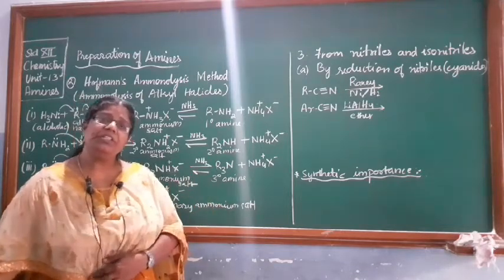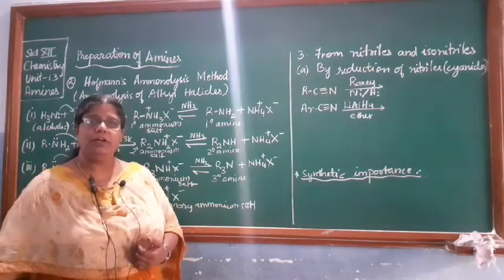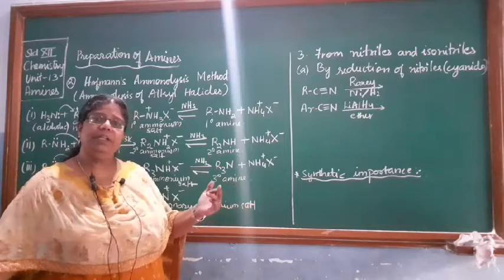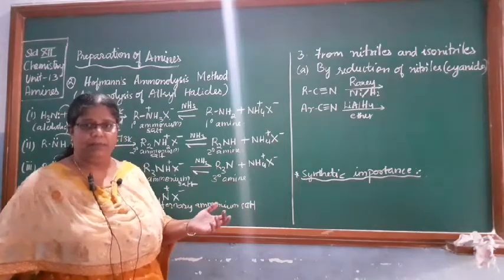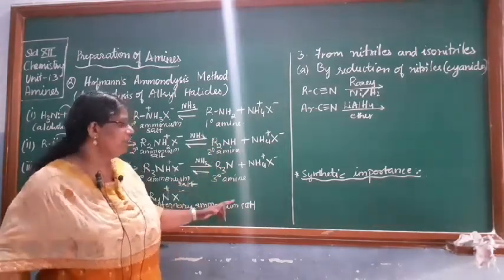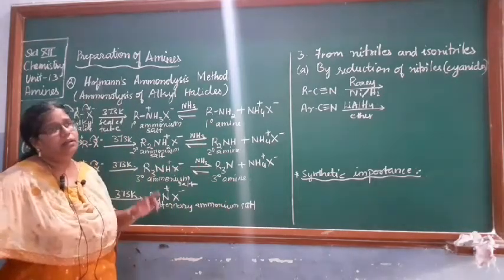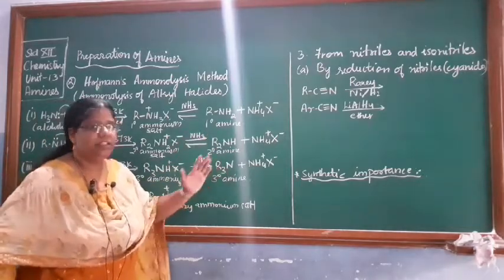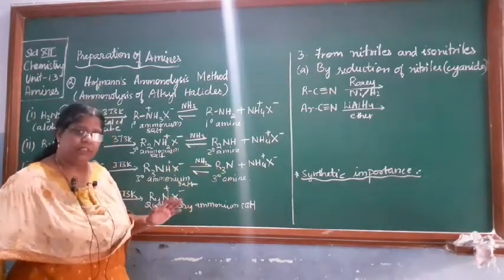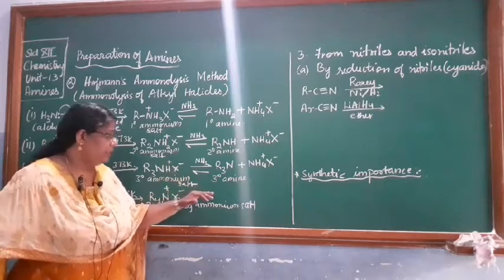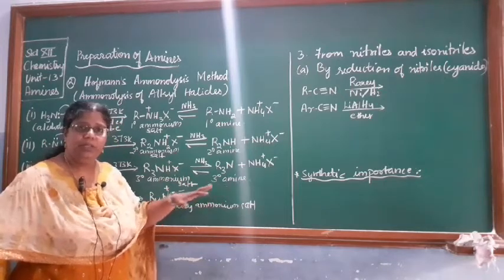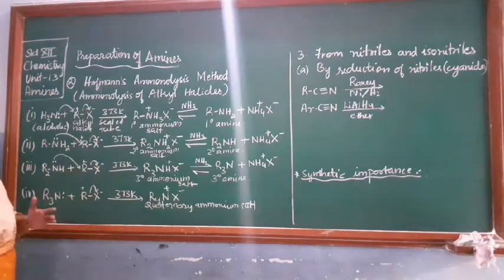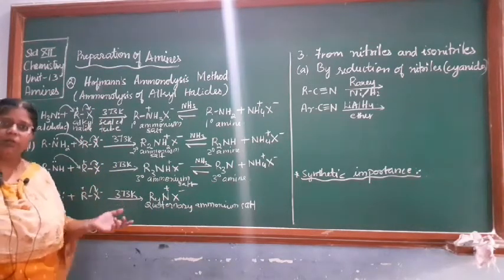So in the laboratories it becomes difficult for us to separate out these amines. On an industrial basis it can be done on a large scale. So in industries the separation becomes simple, but in the laboratory the separation of these different kinds of amines is difficult. Therefore in the laboratory this method is not being used. It is not giving one kind of amine. We don't want a mixture of amines, isn't it? We want a particular amine.